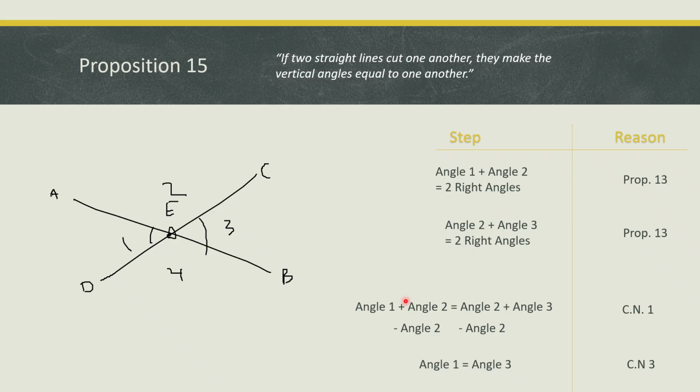So our equals here are angle 2 subtracted from angle 2. That means the remainder, which is angles 1 and 3, which is AED and CEB, must be equal to one another. So this is our proof for angles 1 and 3. The same can be done for 2 and 4, but for the time, this is what I'm going to prove today.